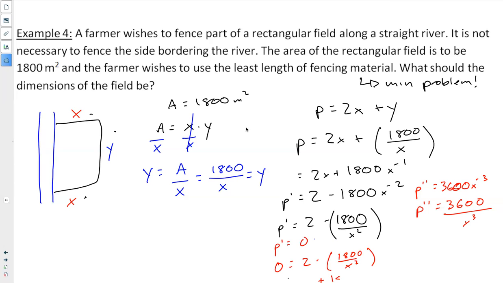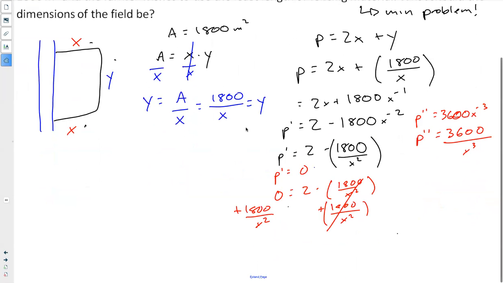We'll add 1800 divided by x squared to both sides. That will cancel. So we're left with 1800 over x squared is equal to 2.